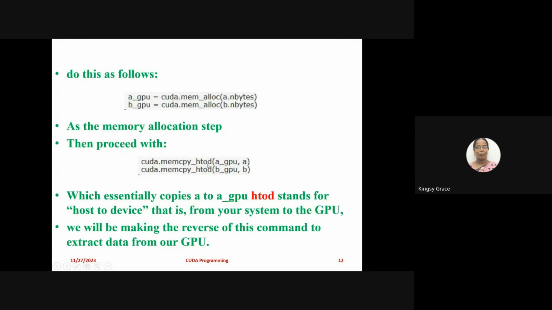You have to use this particular statement, and for copying b, the same statement you have to use. If you want to copy from GPU to CPU, you have to use the reverse of that particular command.